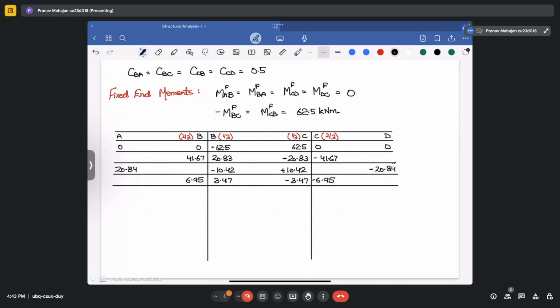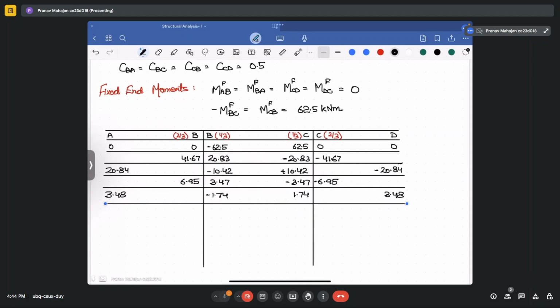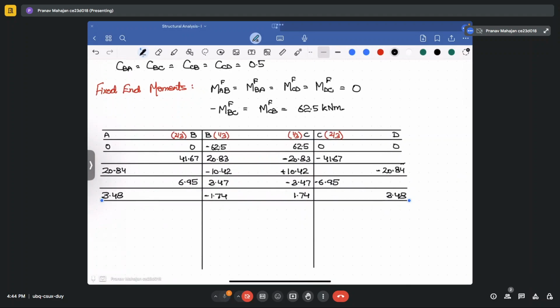So that will come out to be 3.48, and here it will come out to be minus 1.74 and 1.74, and here also 3.48. Again, this unbalanced moment will be distributed. So it will come out to be 1.16 and 0.58, and in this case it will be minus 0.58 and minus 1.16.